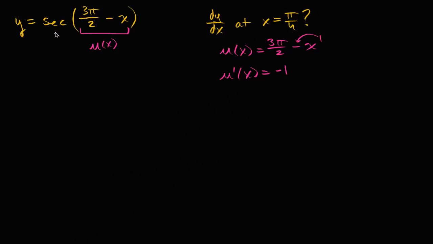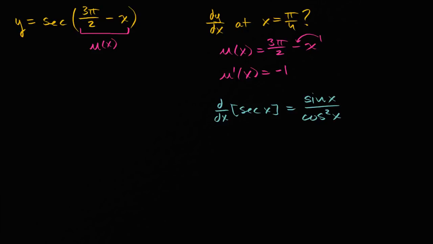Secant is just 1 over cosine of x, so it comes straight out of the chain rule. So in other videos, we prove that the derivative of the secant of x is equal to sine of x over cosine of x squared.